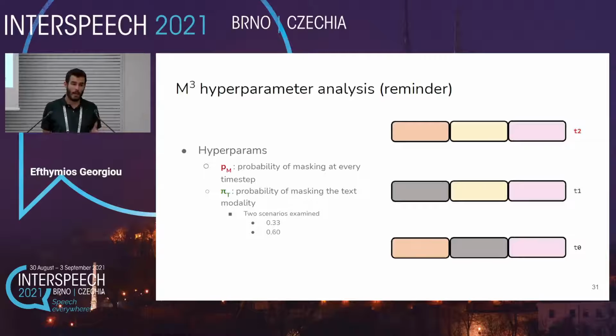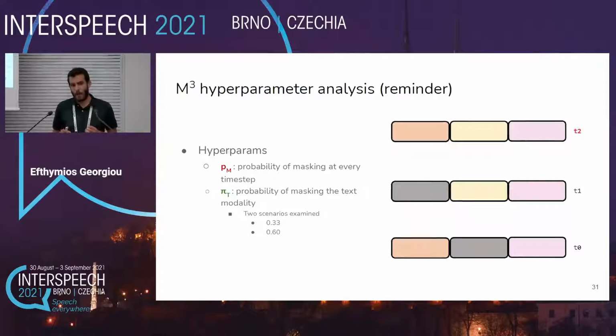In our last experiment, we considered different text masking rates. We simulated two scenarios. In the first scenario, all three modalities have equal probability of being masked, namely 0.33. In the second scenario, we used a more aggressive text masking strategy, and therefore we used the value of 0.60 for the probability of masking the text modality.